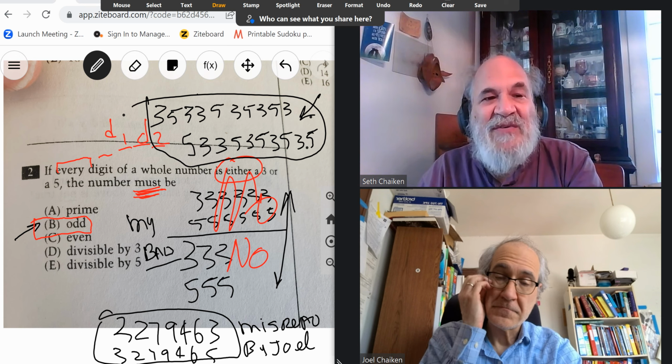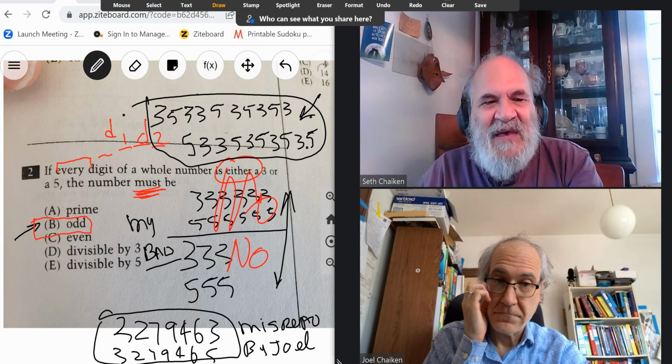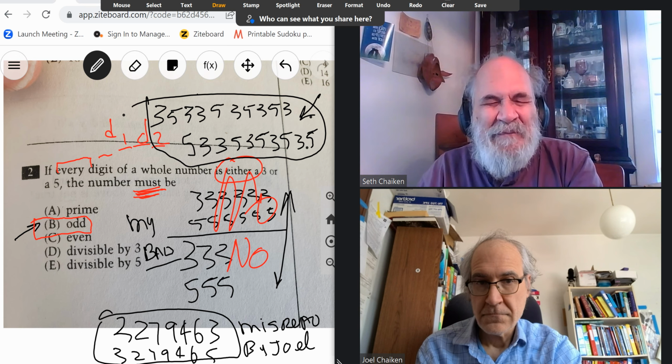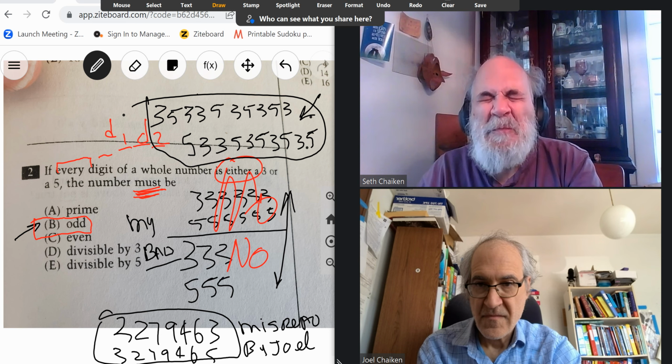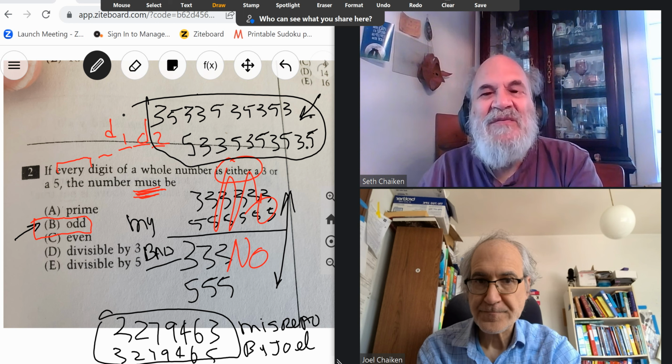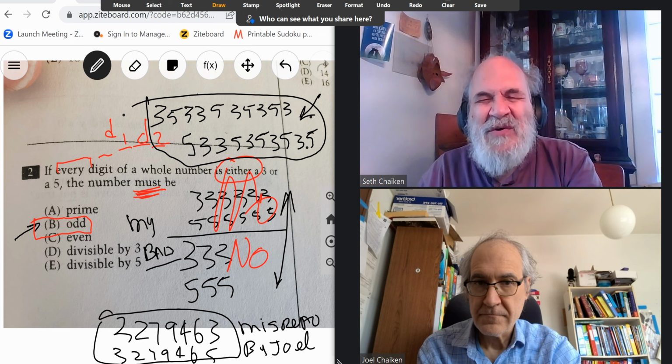Now, there's other converses. If the number, well, again, there's other converses. If it was a long number, if the number was greater than 2 and it was prime, then it must not be divisible by 2, and so the last digit must be odd, and so the last digit could not be a 3 or 5.